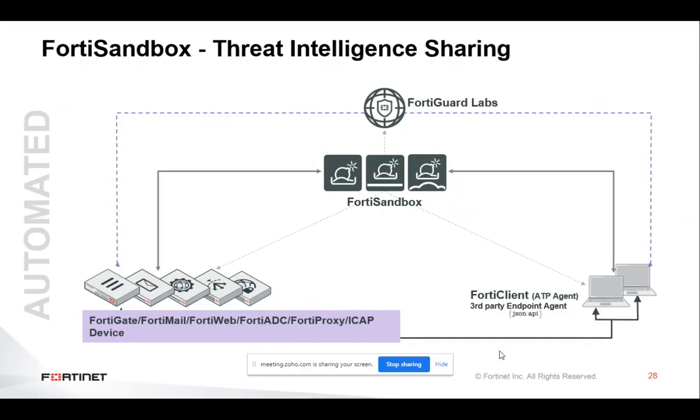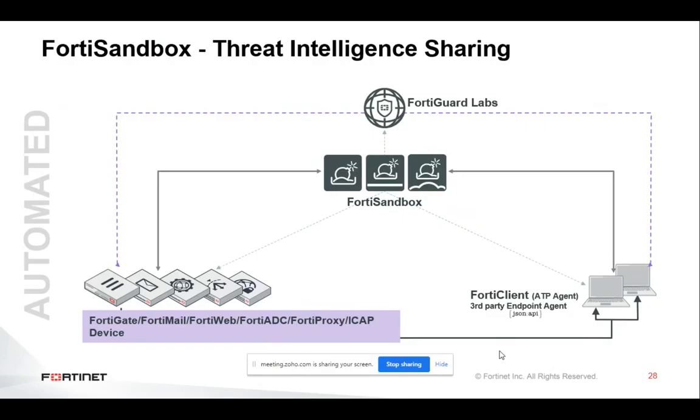FortiMail can hold and block files based on the result, while FortiGate can quarantine devices that receive those objects, in parallel with FortiSandbox analysis, with just one click based on results. And FortiClient can be configured to either hold for analysis or quarantine afterwards.